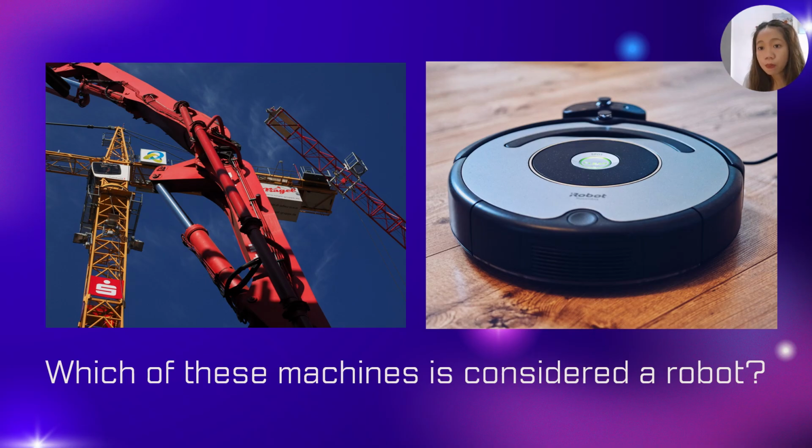Take note, a robot is also considered a machine, but instead of being a simple mechanical machine, we take it a step higher by making it programmable and also automated or semi-automated. The one on the left, the one we often use or see in construction, is a machine. It's a hydraulic machine, but there is always an operator using this crane or this machine. So it's not considered a robot.